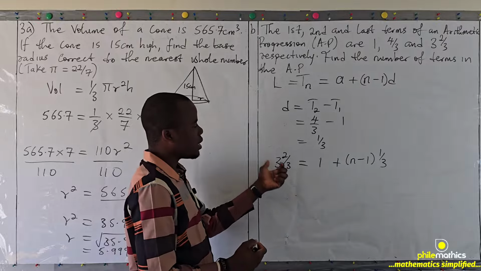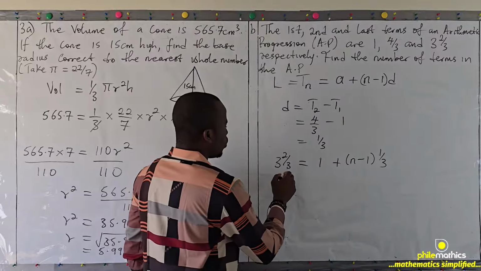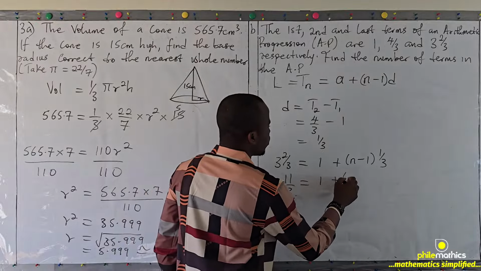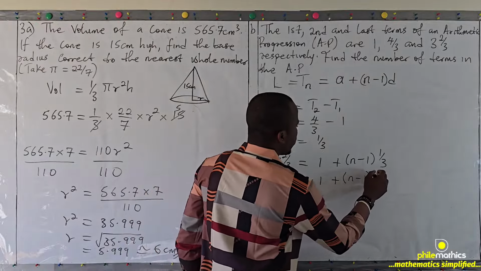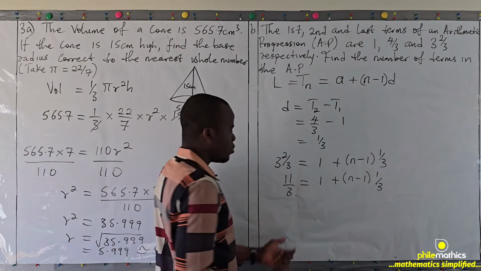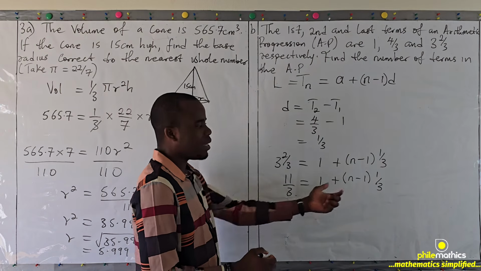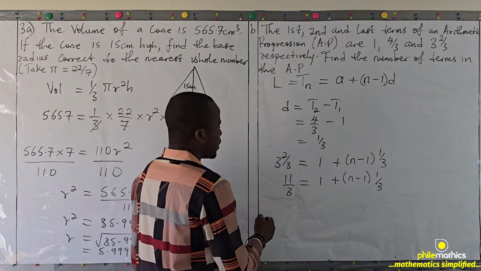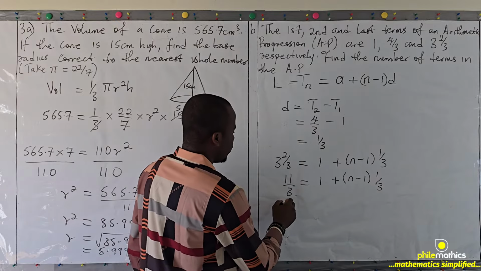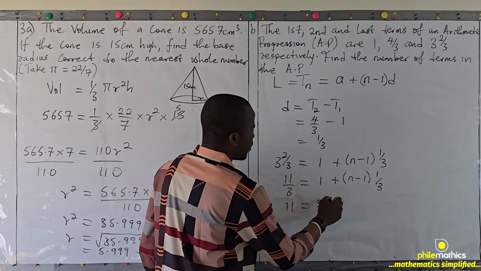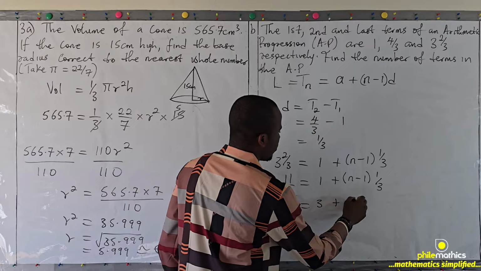This is 3 times 3, 9, plus 2, 11/3 is 1 plus n minus 1, 1/3. I can multiply through by 3, which is the LCM, to clear the fraction. And if I do that, I will have 11, multiply this by 3, I have 3, I have n minus 1 here.